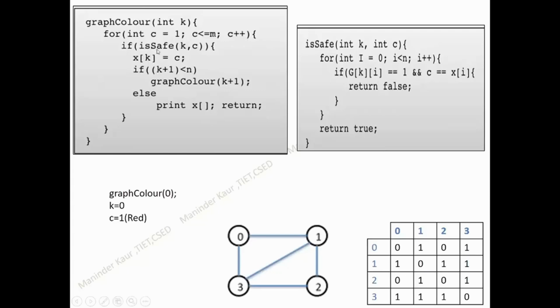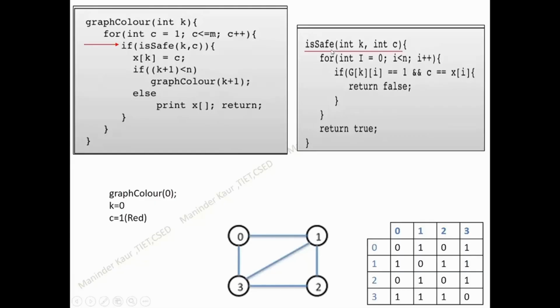There is a function called isSafe. The isSafe function takes the number of the vertex into account along with the color. That means the vertex number and the color to be painted are fed to the isSafe function.